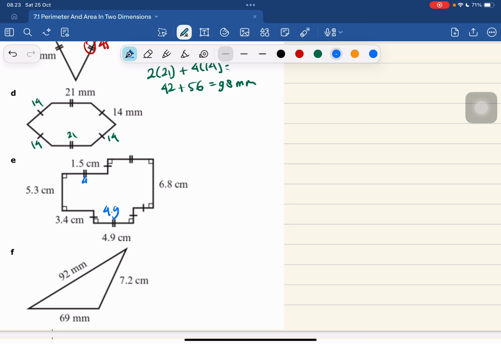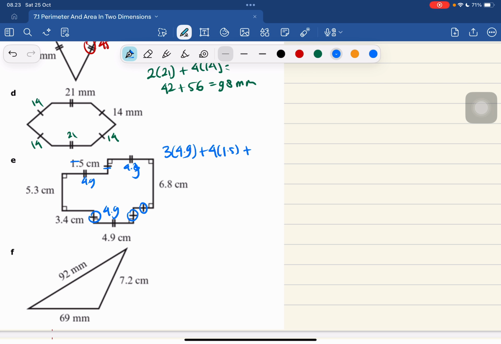4.9, also 4.9, 4.9. So 3 times 4.9. And then here is 1.5, also 1.5, 1.5, 1.5. So let us write it properly. We got 3 times 4.9, and then plus 4 times 1.5.